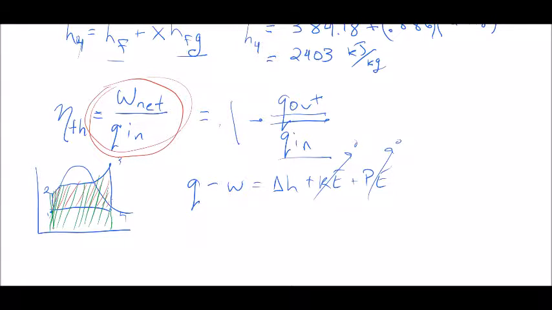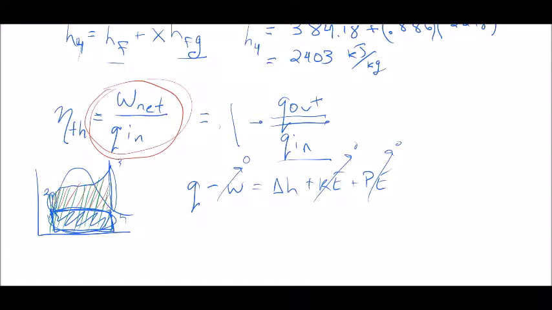Now, what we're looking at here is the Q out term, which is the area underneath this bottom curve, going from state 4 to state 1. We know that there's no work happening between state 4 and state 1. The only work happening is with the pump and with the turbine over here, so we can say that the work goes to 0 for this portion of the graph.